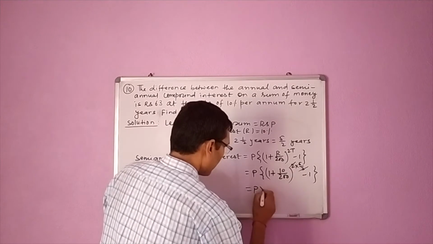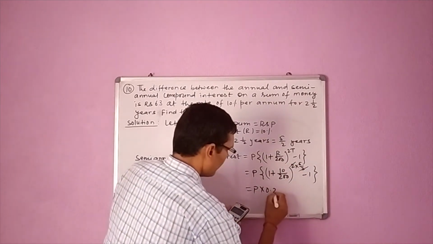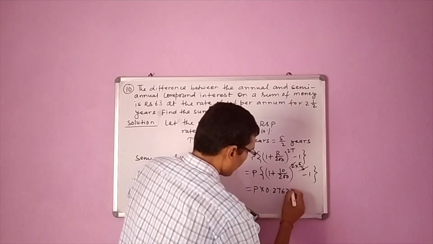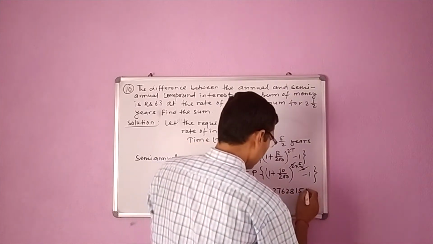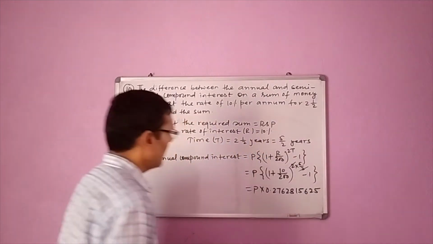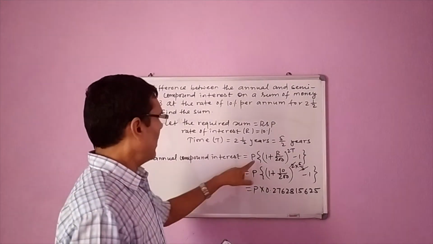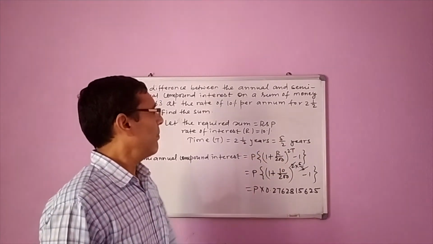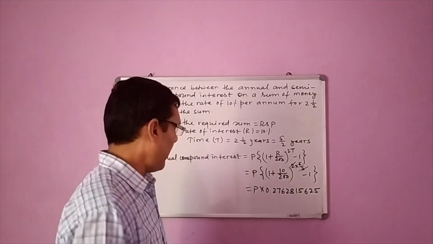Simplifying all this, we get 0.27628156 25. This is the semi-annual compound interest on rupees P for 2.5 years at the rate of 10% per annum.